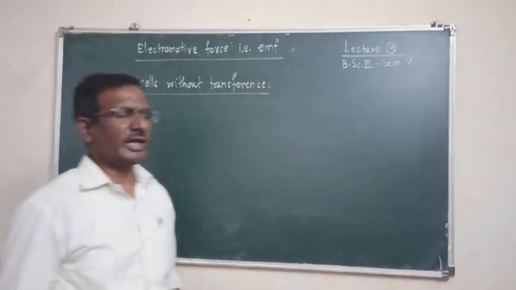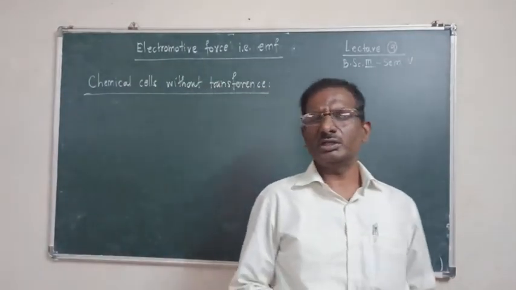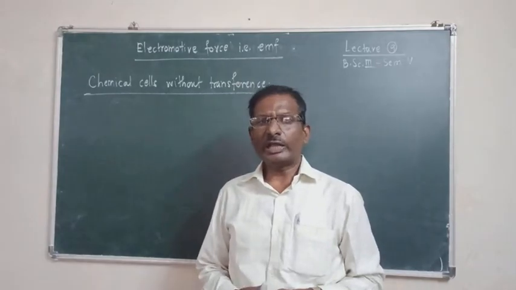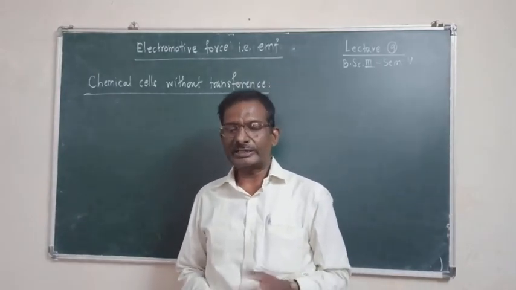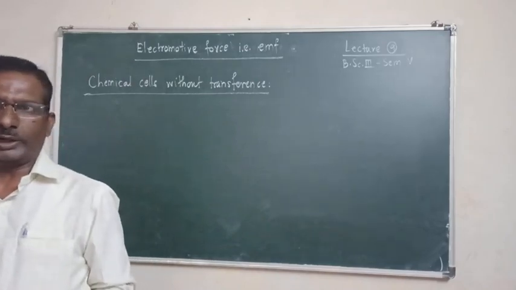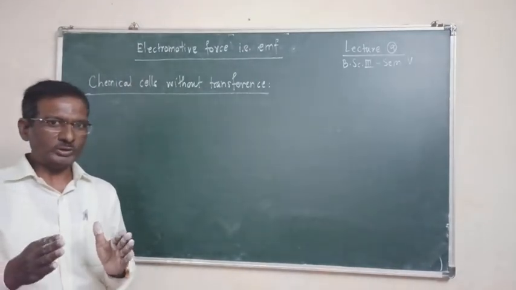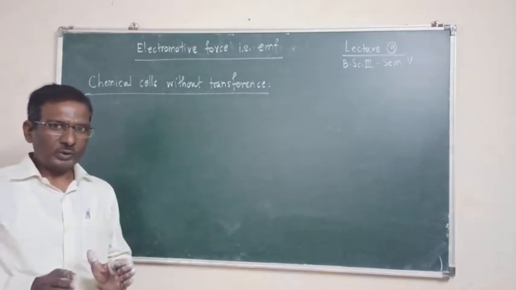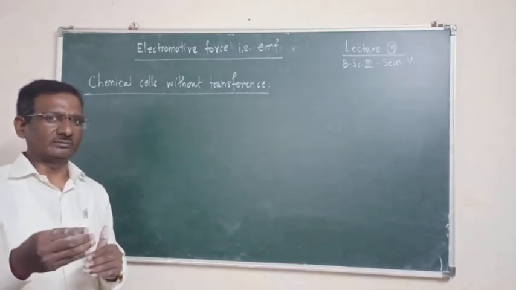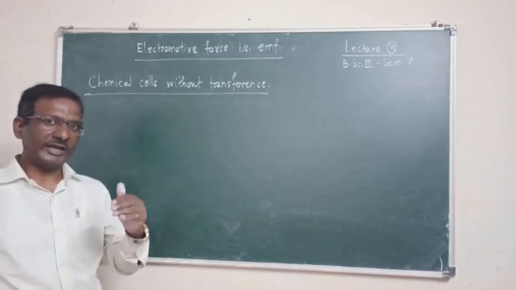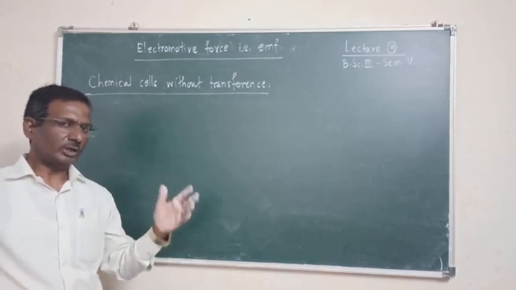The meaning is that a chemical cell without transference can be constructed by selecting two electrodes and electrolyte such that one electrode is reversible to the cation of the electrolyte and the other electrode is reversible to the anion of the electrolyte.